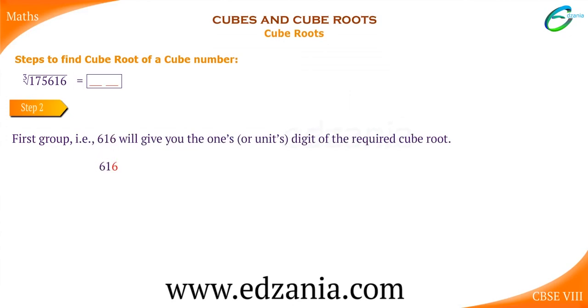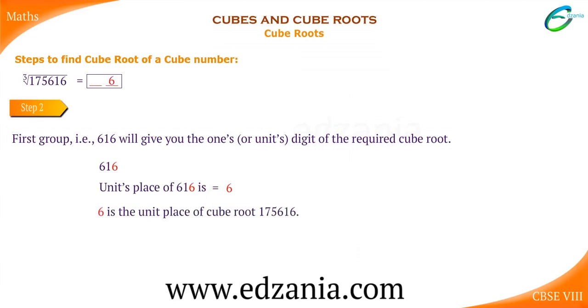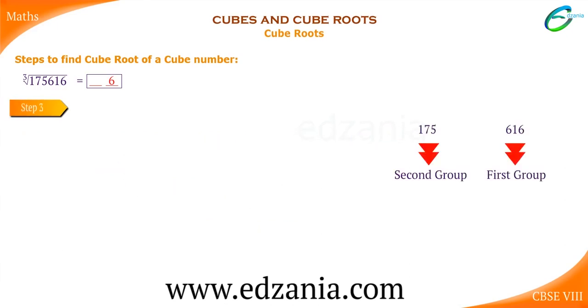Units place of 616 is equal to 6. Then 6 is the units place of cube root of 1,75,616. Step 3. Now take another group, that is 175.